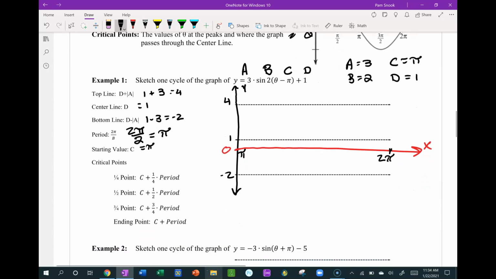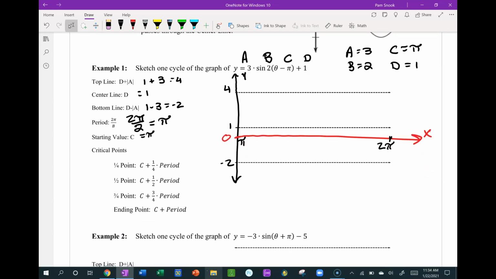Now I'm going to write my critical values. Every quarter cycle, you're going to have a critical point. These are going to be on your center line and your mins and your maxes. And you're going to have 5 of them total. The first one is where you start your graph. So for me, that's going to be right there. We'll start on the center line.